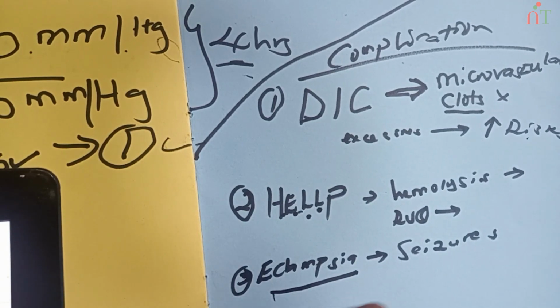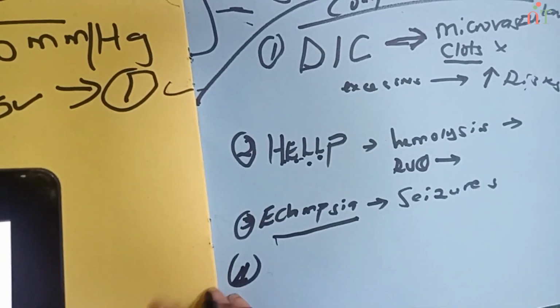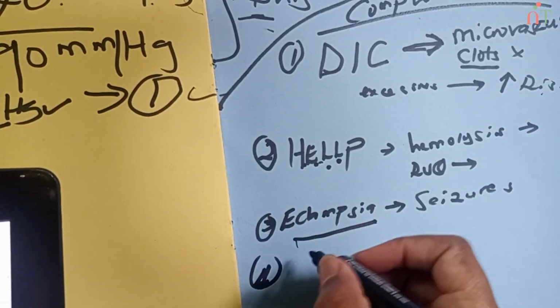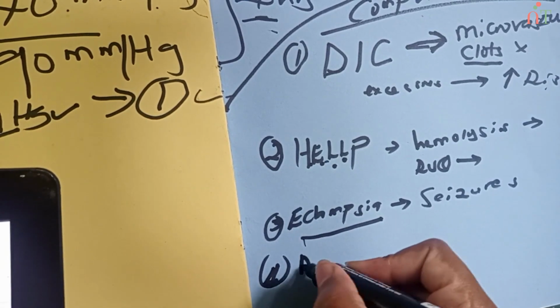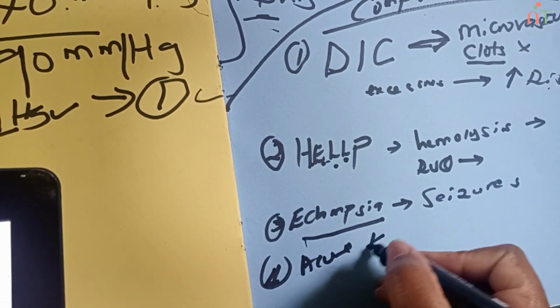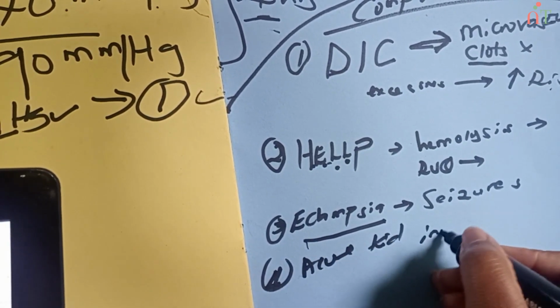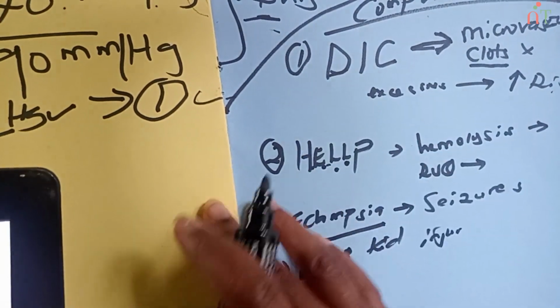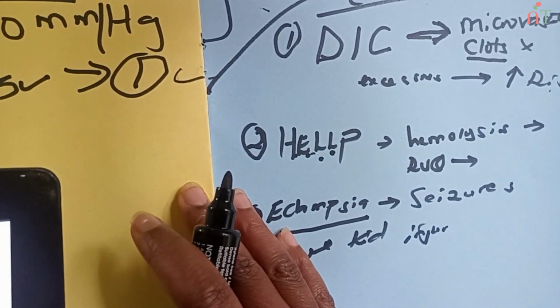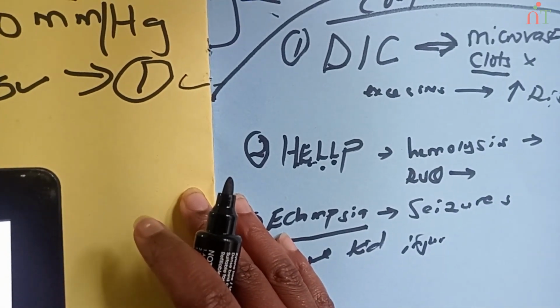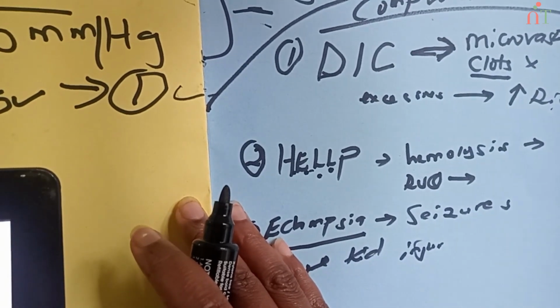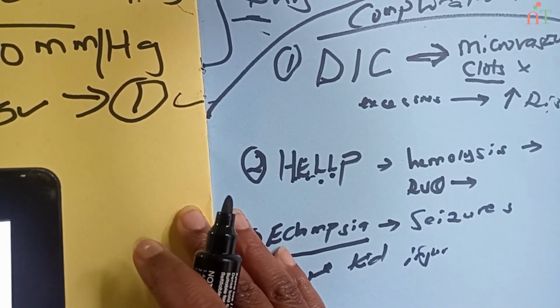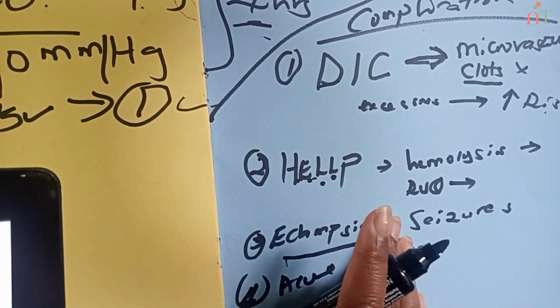And then number four is acute kidney injury, and also multi-organ failure. This is again due to the systemic endothelial damage in preeclampsia, which causes a reduction in renal blood flow.